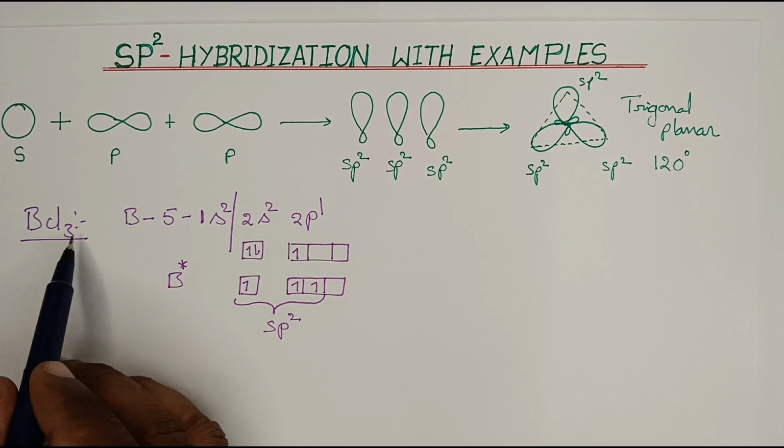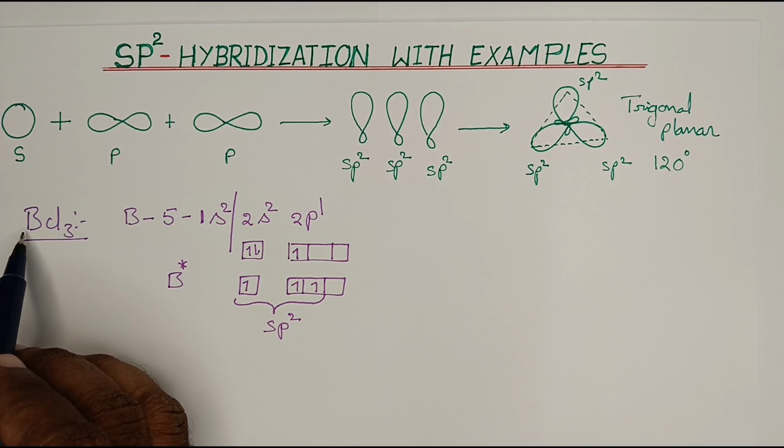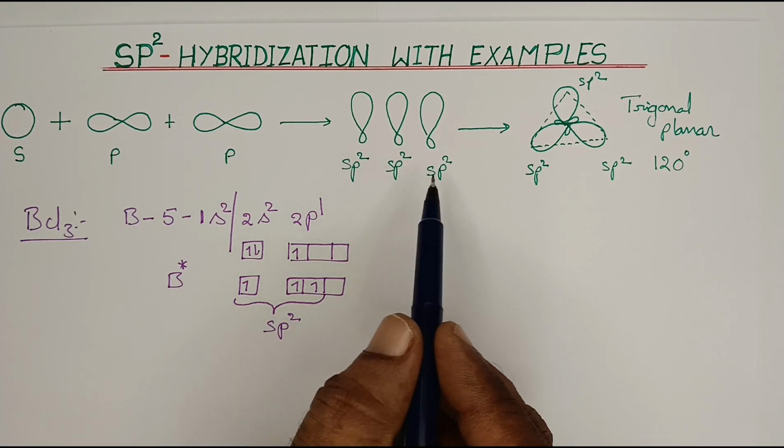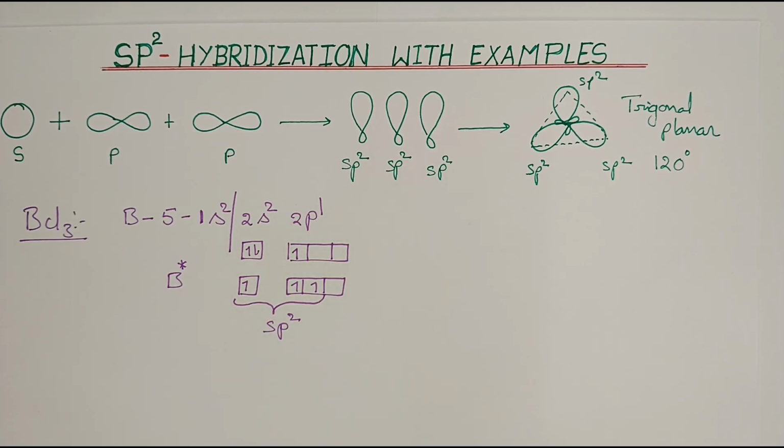So in BCl3 the central atom is boron. Boron undergoes sp2 hybridization. sp2 means 2 plus 1, so 1s and 2p, so total 3 orbitals. So they will produce 3 sp2 hybrid orbitals. So with these 3 orbitals, chlorine will come.